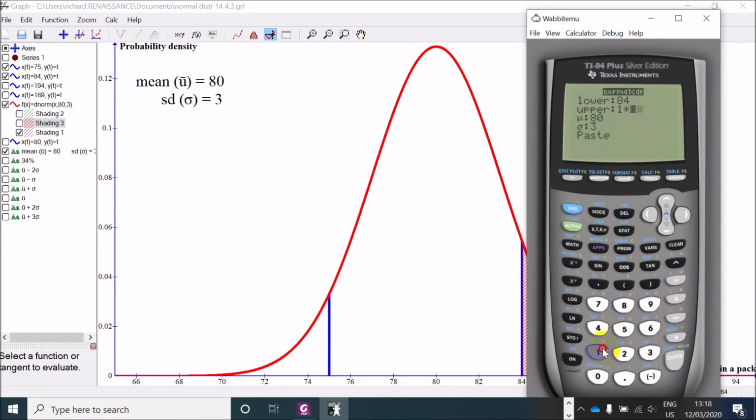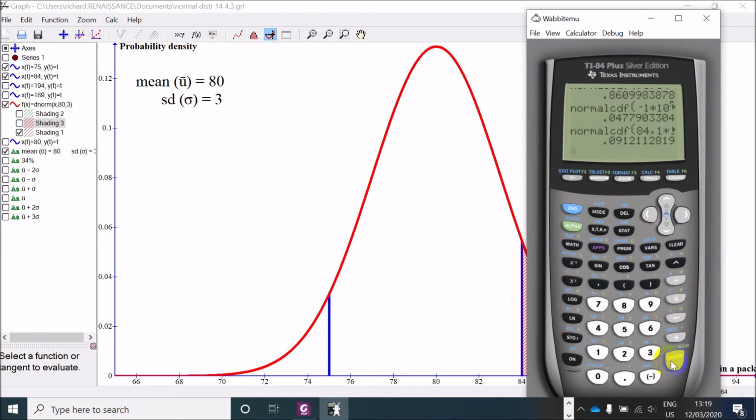times 10 to the power 99, a very, very big number. The mean and the standard deviation are still the same. Let's paste and see. So I get here 0.091.